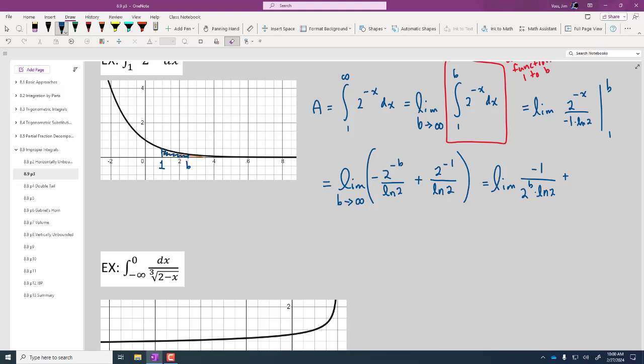And then over here, same thing, we could pop the 2 down into the denominator so that we have 2 natural log of 2, and then take the limit as b goes to infinity. If that's easier for you to see, that in the denominator we have an exponentially growing function. So this denominator is growing without bound, so this fraction is shrinking to 0. If it's easier to see it there, then go there. But either one, this part will go to 0.